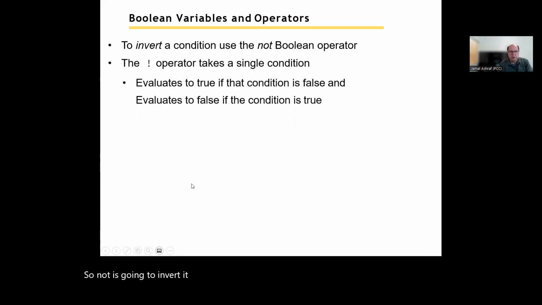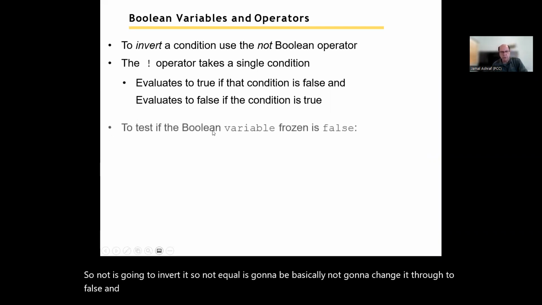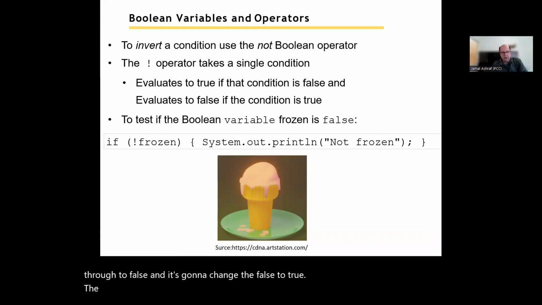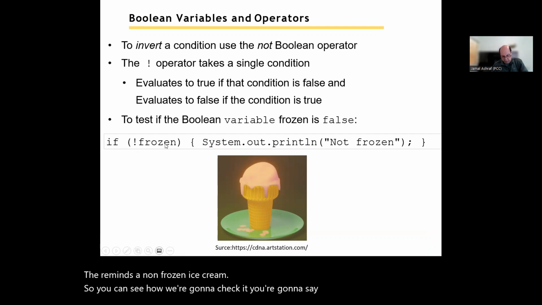So not is going to change the true to false, and it's going to change the false to true. Reminds me of a non-frozen ice cream. So you can see how we're going to check it. We're going to say if not frozen, then we're going to do something about it.